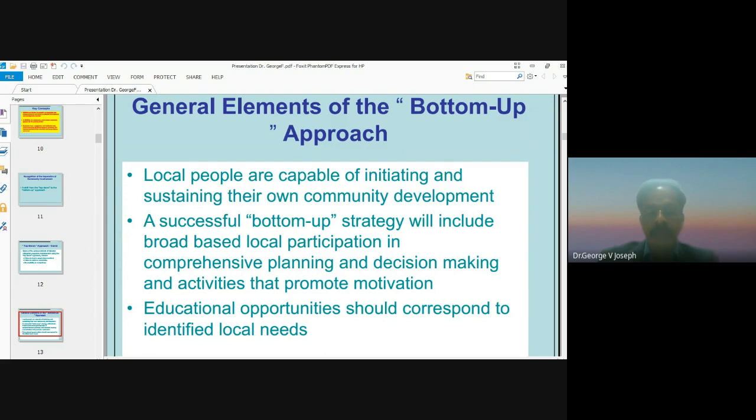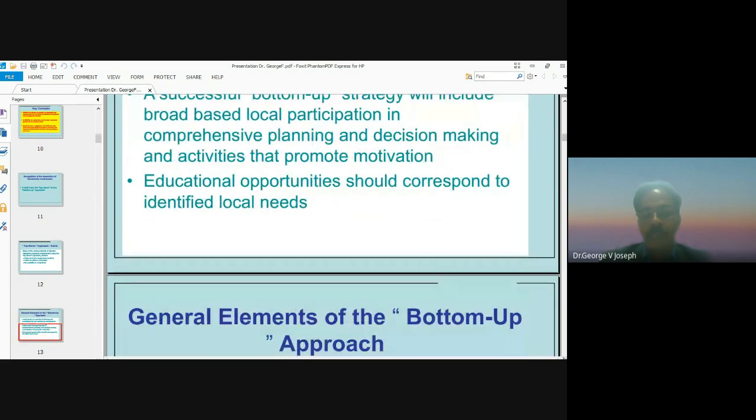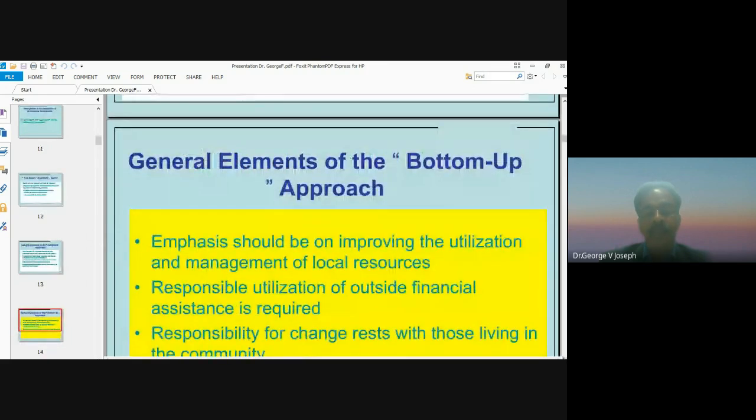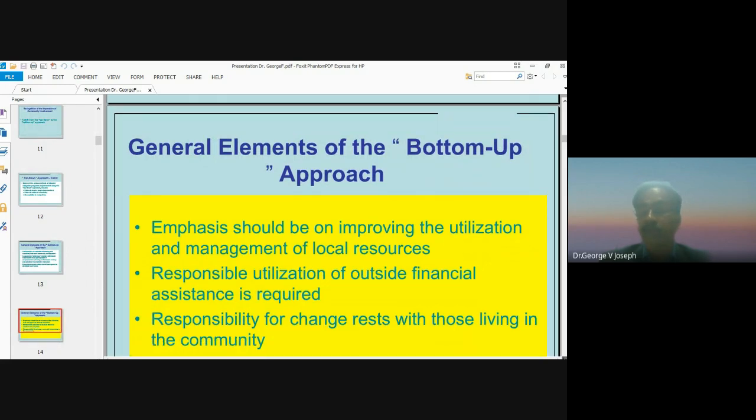And in the bottom-up approach, people are also given orientation and training, and these things further reduce the vulnerabilities. So it is important that we use this bottom-up approach. Emphasis should be on improving the utilization and management of local resources. So even for risk reduction activities, local resources and local skills should be used.